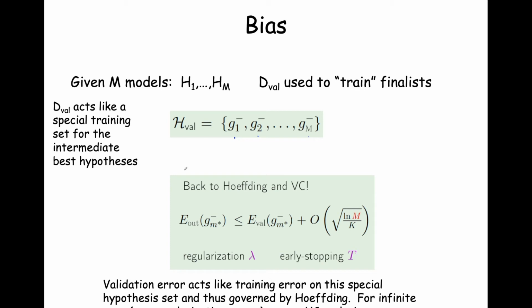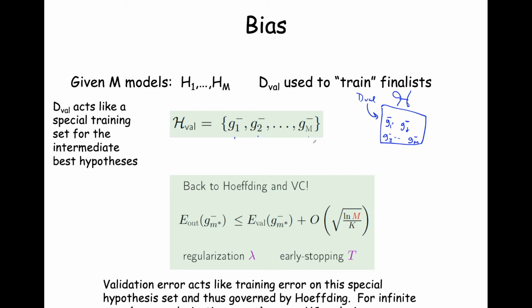And if you're selecting among hypotheses, this is kind of like having a hypothesis set, like we talked about earlier in the semester, script H, where it consists of g1 minus, g2 minus, g3 minus, up to and including gM minus, not bar, I mean minus. If you're making a selection using your data D val, that's exactly what learning is.